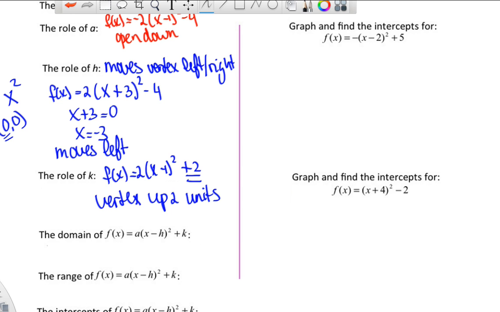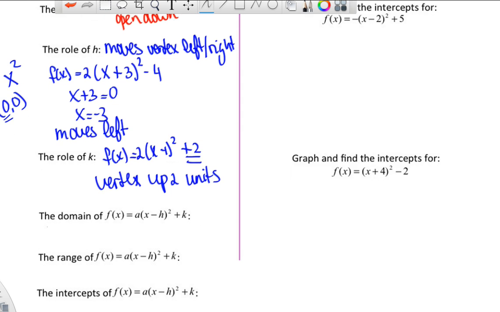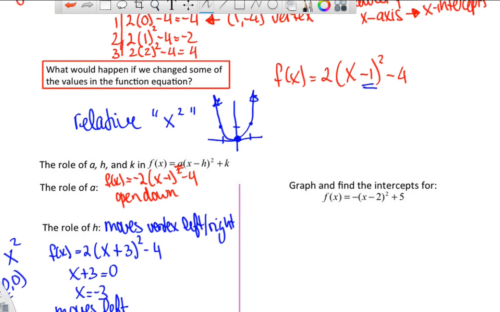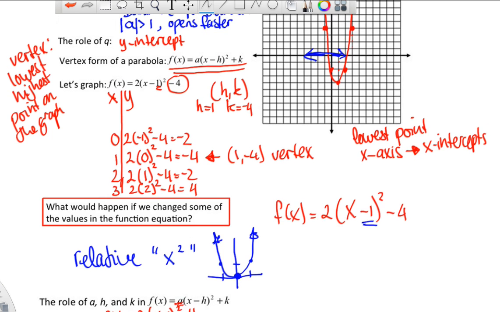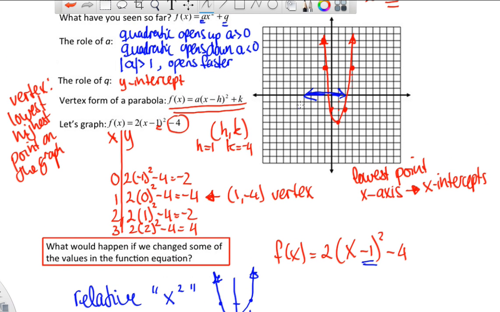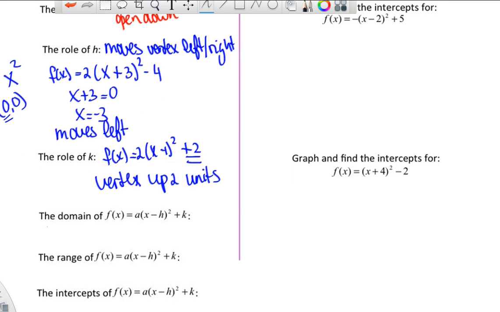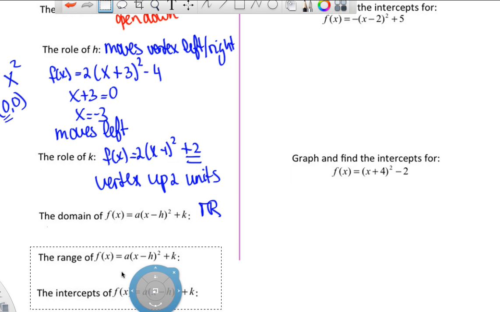Okay, what is the domain of a quadratic in vertex form? Well, it's still a quadratic, so can you plug in any value you want? Can you plug in any x and get a y value? Yes, you can square any number, so the domain for the quadratic is still going to be all real numbers. How about the range?